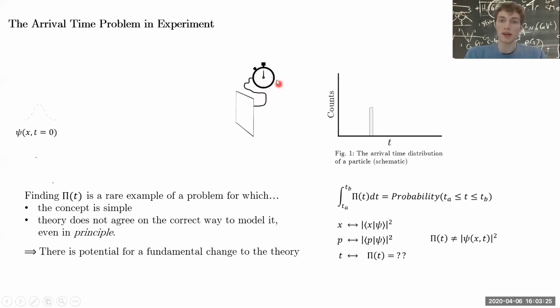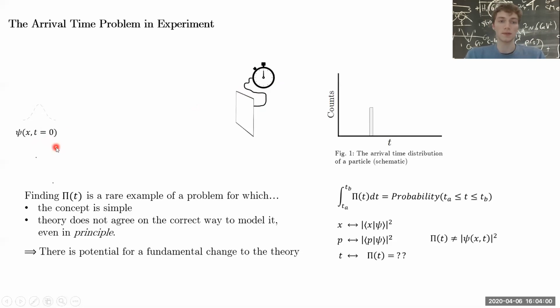Of course, there may be a delay in the arrival time because it's necessary for the signal to take time to stop the clock. That can be accounted for, but after that is accounted for, the arrival time of the particle, which is the quantity which is measured by the experiment, is the difference between the time at which this clock was triggered and the time at which the door was opened so that the particle can move freely.